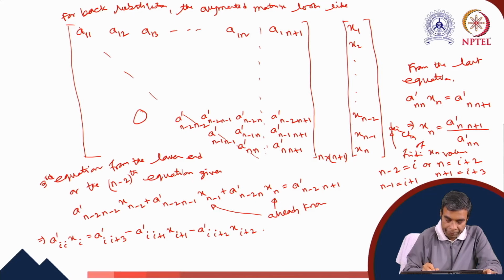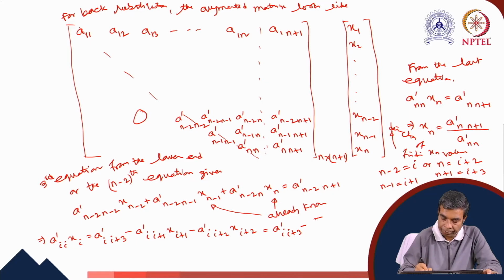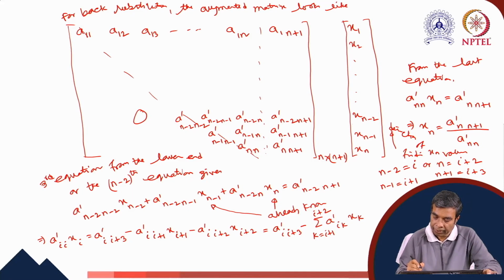So this gives us A dash i plus 3 minus summation A dash ik xk, where k equals i plus 1 to i plus 2. Now i plus 2 is n and i plus 1 is n minus 1.